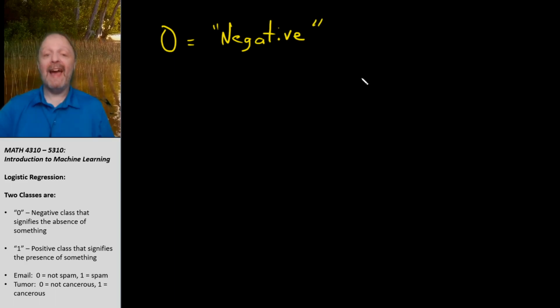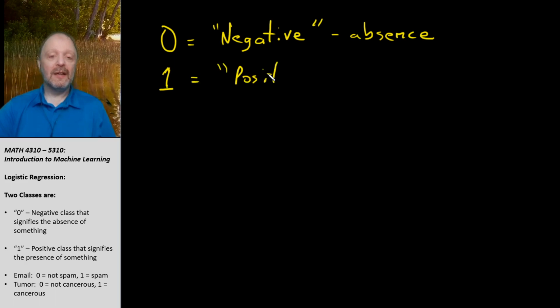It means the absence of something. So negative is the absence of some trait that we're sorting by. And then the other group is going to be the one group. That's supposed to be a one, I promise. This is your positive class, and it's positive because it indicates the presence of something.